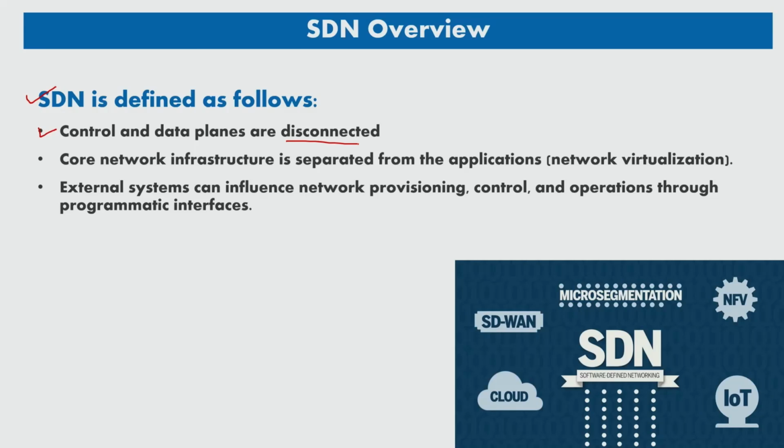And intelligence and state are logically centralized in this networking method and architecture. The core network infrastructure is separated from the applications, which we call network virtualization. And external systems can influence network provisioning, control, and operations through the use of programmatic interfaces.